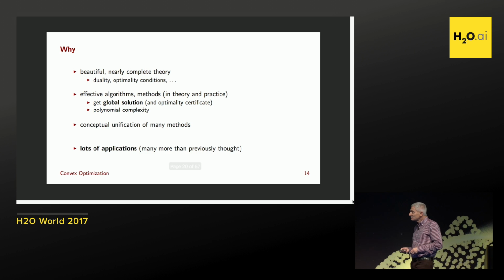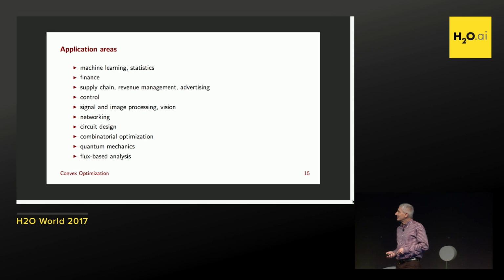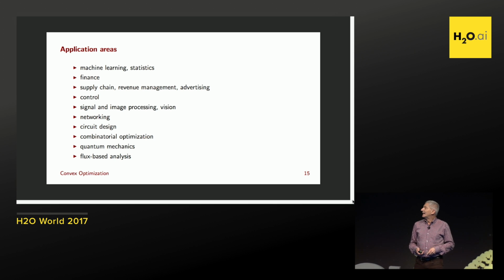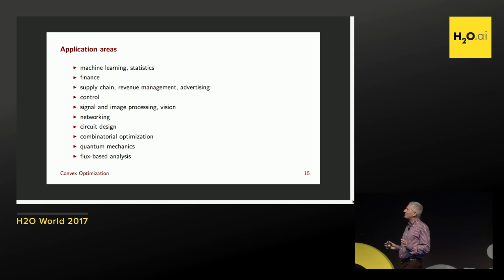Okay. There's a ton of applications. There's just a ton of them in machine learning and statistics. Finance is filled with them. Supply chain and revenue management, advertising, almost all of these have moved towards these methods. Control is one. I don't know if you saw the Falcon 9, the SpaceX first stage landing, right?